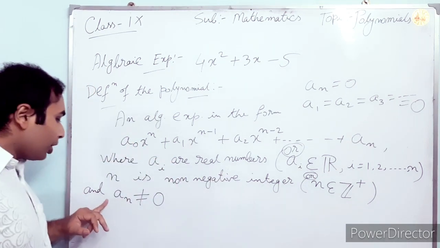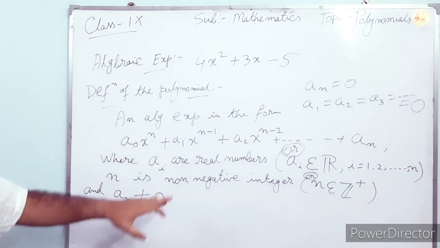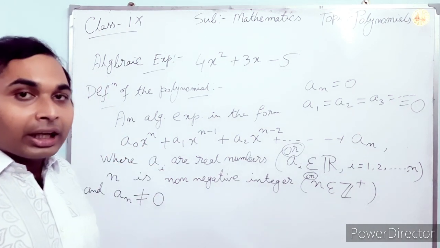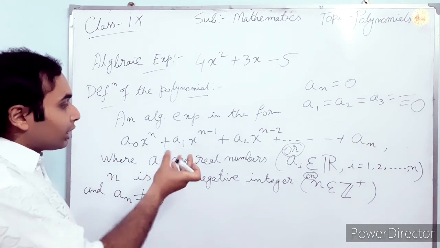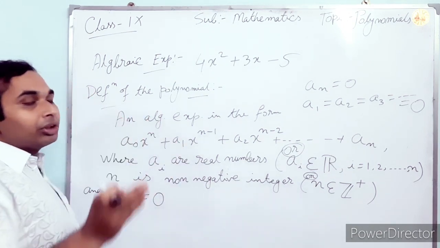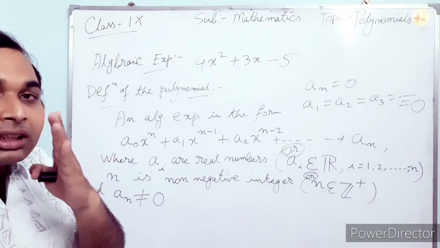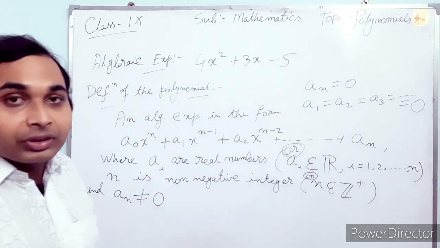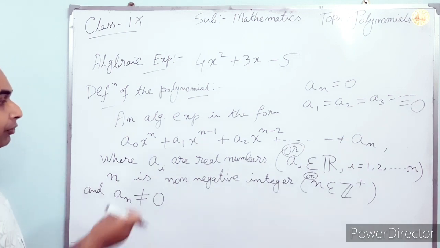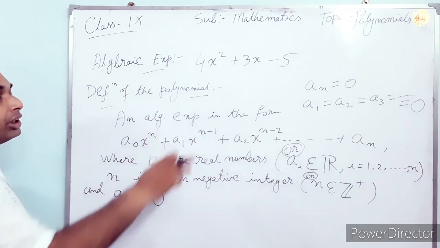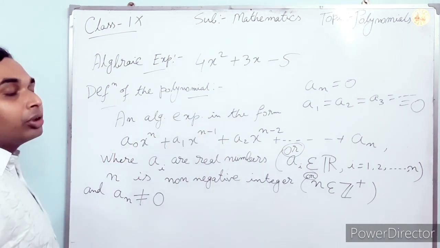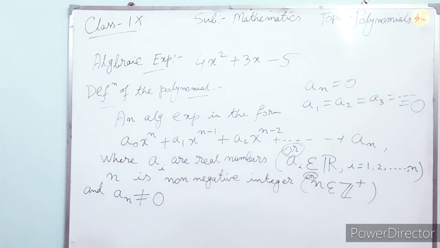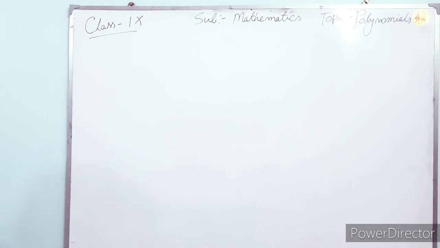Those coefficients will not equal 0, but some coefficients can be 0. If I take a1 equals 0 here, that is specifically some coefficients can be 0, but not all of these coefficients will be 0. If this is 0, then this term will be deleted and the other terms will be there. So this is the definition of the polynomial.